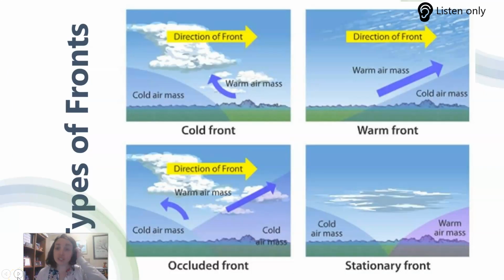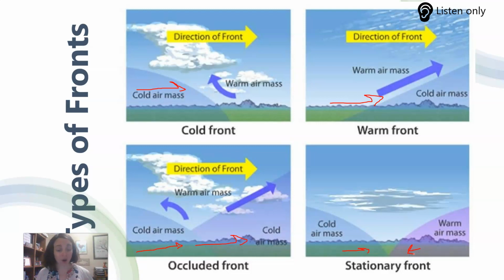These are images of the 4 types of fronts. You can see a cold front moving in on the warm air mass, a warm front moving in on the cold air mass. You can see an occluded front here where 2 cold masses work together to push up the warm air, and a stationary front where the cold air mass and the warm air mass are coming together.